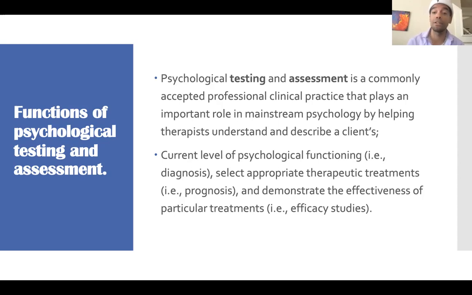Then we select treatment options, otherwise known as prognosis, and it's good to have efficacy studies, so as to continually revisit the treatment, also to continually revisit the assessment and the diagnosis, so that we can get the most optimal treatment for clients ultimately, informed by past experiences.